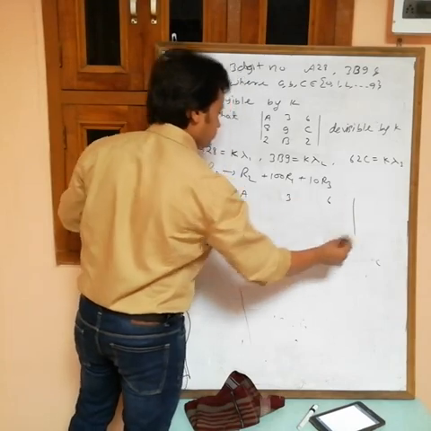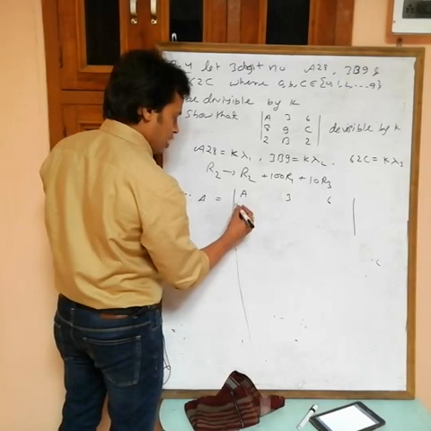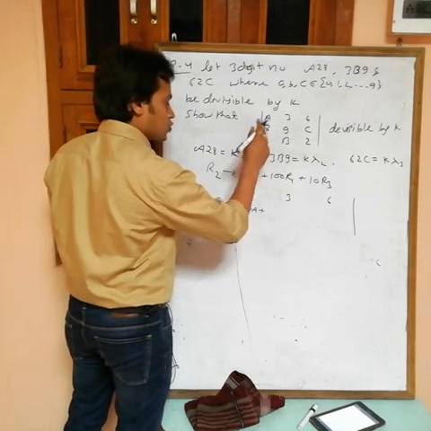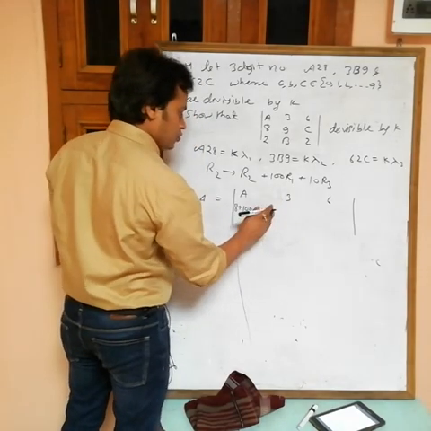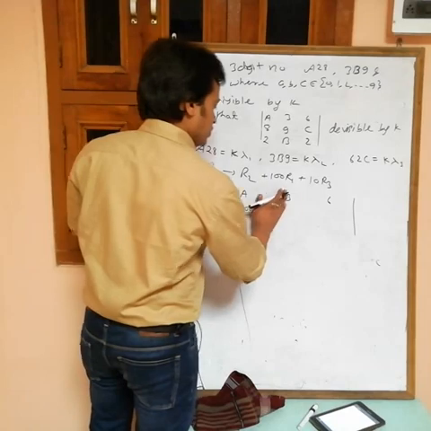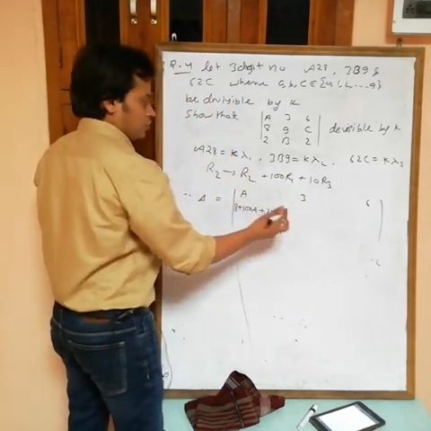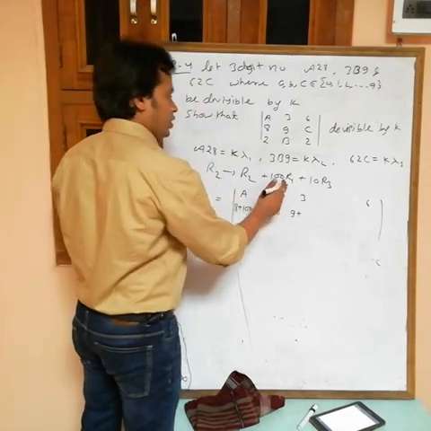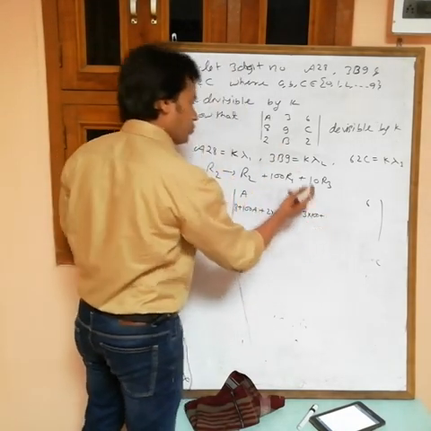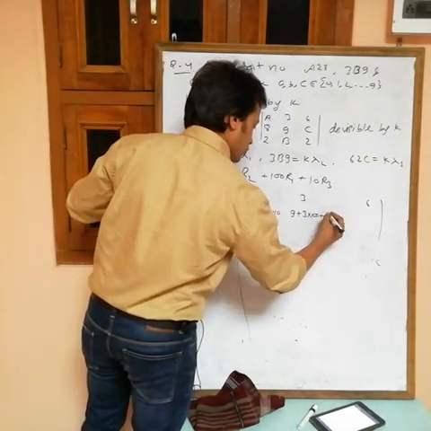A36 remains the same. In R2: 8 plus 100 a plus 20, that is 2 into 10. Here 9 plus 100 times 3, that is 3 into 100, plus b into 10, 10b.